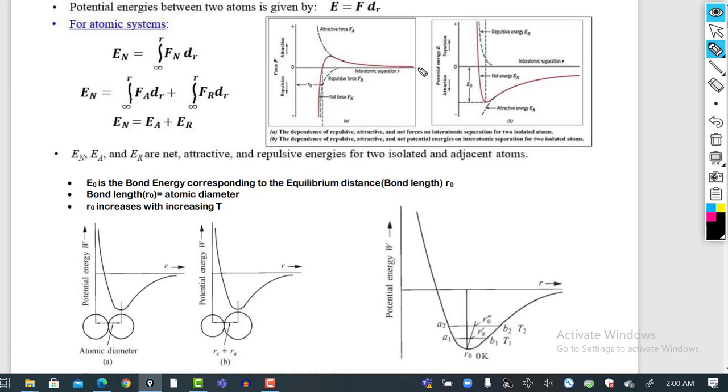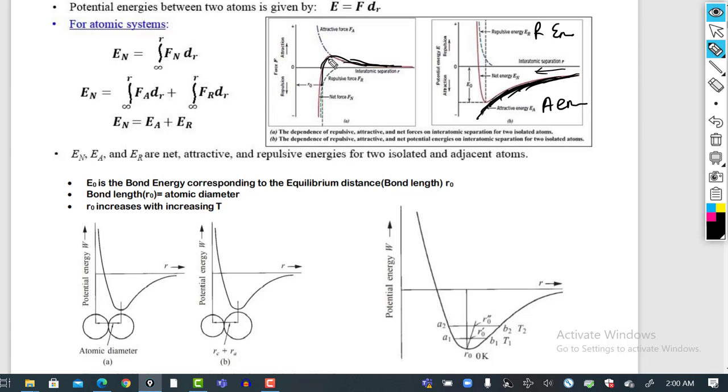Now here the mirror image will be the energy variation with r. Initially when the attractive force is dominating, of course the attractive energy will dominate. This is the attractive energy part, and this is the repulsive energy part. So it is just the mirror image of the force portion. When the attractive force was dominating, of course the attractive energy will dominate initially when you decrease r.